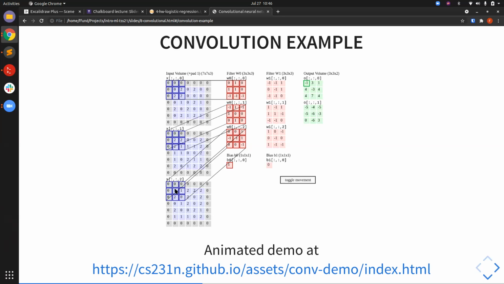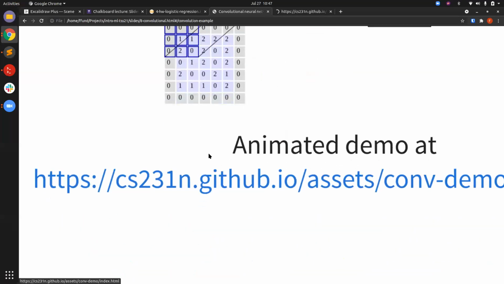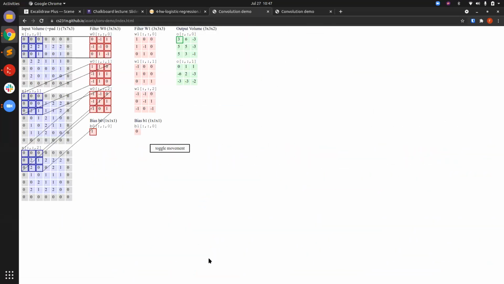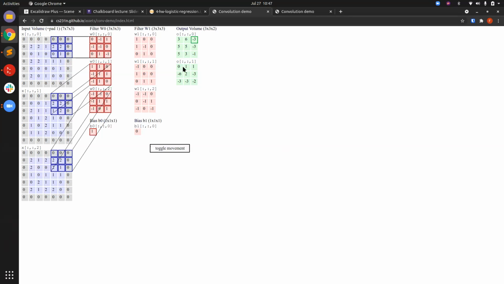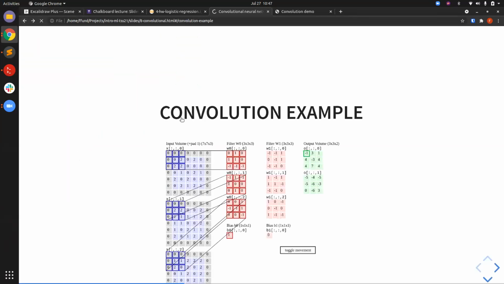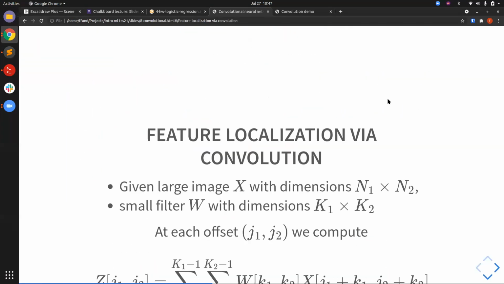And this filter contributes, let's see, I have a -1 and a 1. I don't know how they got -1 there, but add that all up. Oh, and there's also a bias term here. You can go through this animation later and see how it slides over the image to compute each part of the output volume. Okay, so that's my convolutional layer.